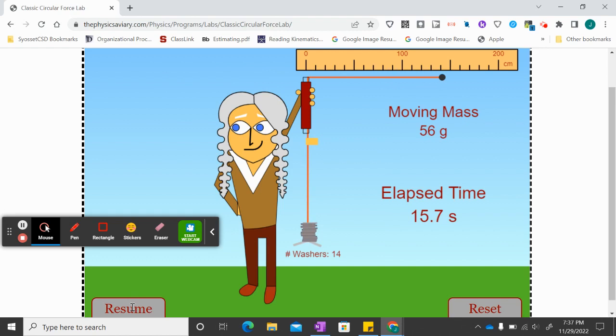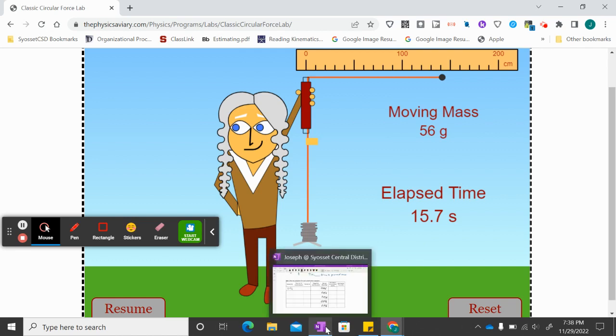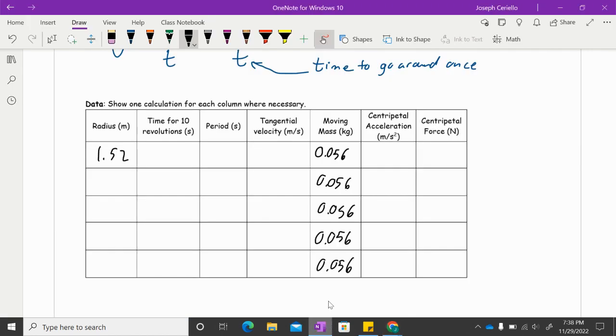See, I was a little bit off there, but it's all right because, like I said, that's why we do the 10 revolutions to minimize that effect, that missing the perfect stopping time would give us. So that's 15.7 seconds. So the time for one revolution would just be dividing that by 10.